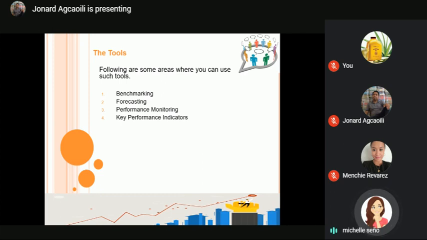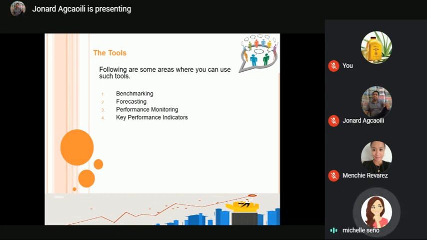Siguro po dito sa forecasting ng financials, based po sa experience ko, kasi po kami po yung na-uutusan na mag-disseminate po ng memo regarding sa notice of meeting. So yung mga head po, pinag-uusapan po nila yung about po financial, kung na-utilize na po ba yung budget.